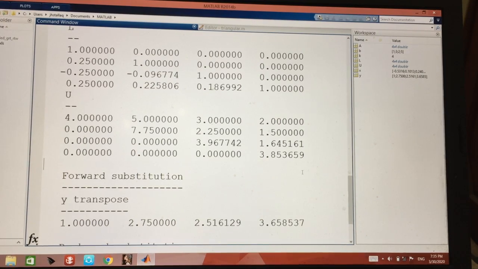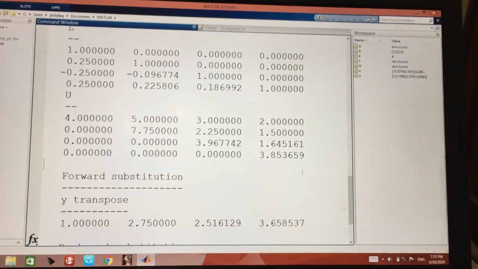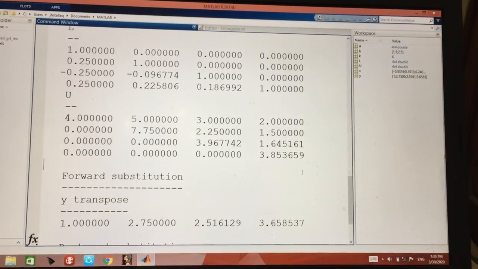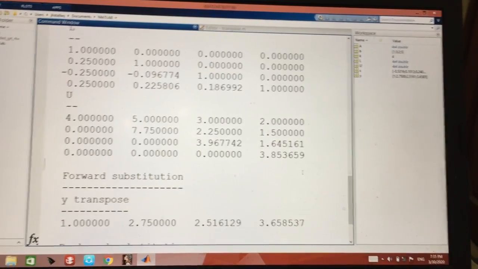Now Ly is equal to b. Now Ux is equal to y. Now we know y, but we don't know x. We want to determine x.